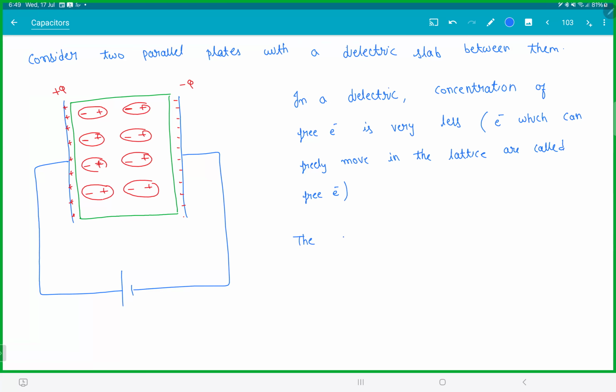So these dipoles do create an electric field. This thing I showed you in dielectric breakdown.